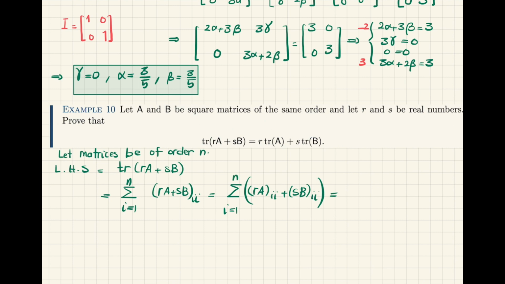And now we use the definition of a scalar product to be able to pull R and S out. Yes? So then it becomes R times A_ii plus S times B_ii, i goes from 1 to n. But now, because of the properties of sigmas, you can decompose this sigma into two sigmas.